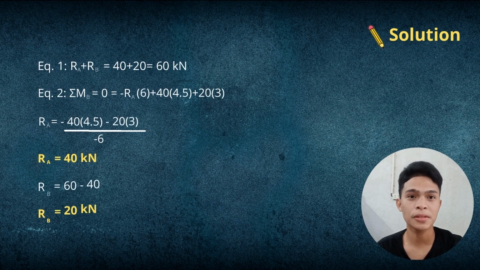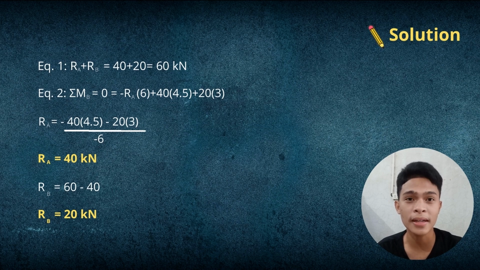For the second equation, we'll use equilibrium of the moment at point B. Summation of moment at B is equal to 0, which is equal to negative RA times 6 plus 40 times 4.5 plus 20 times 3. Moment at A is negative since it is clockwise. Substituting the known values in the second equation, we can solve RA, which is equal to 40 kilonewton. Substituting the value of RA to the first equation, RB is then equal to 20 kilonewton.